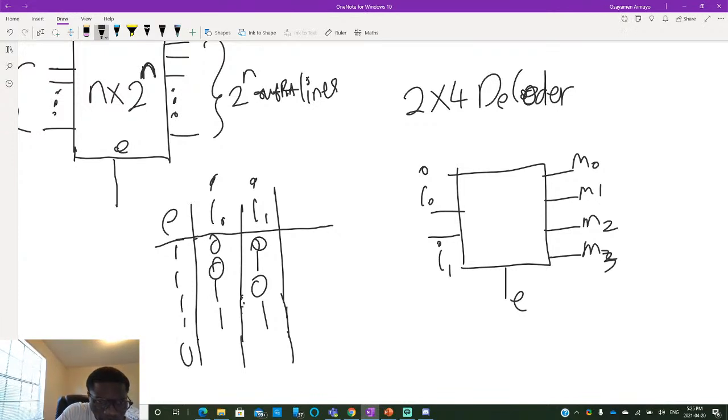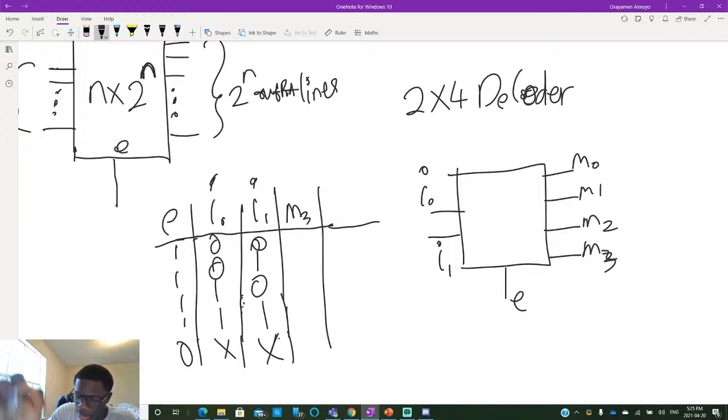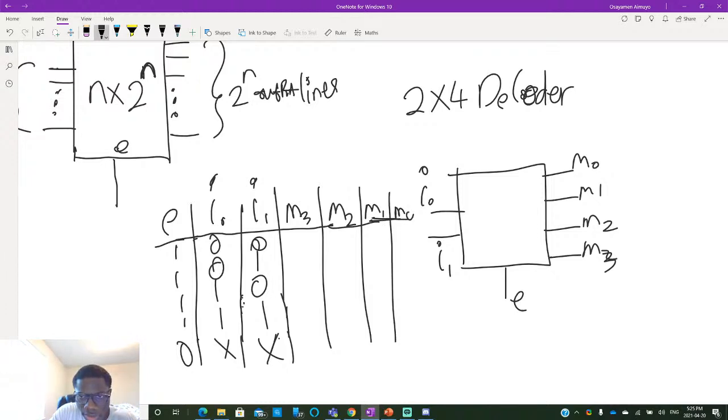Not sure what the input is. Okay, so for this case, we would have, let's say, midterm 3 here, midterm 2 as well, midterm 1, and midterm 0.